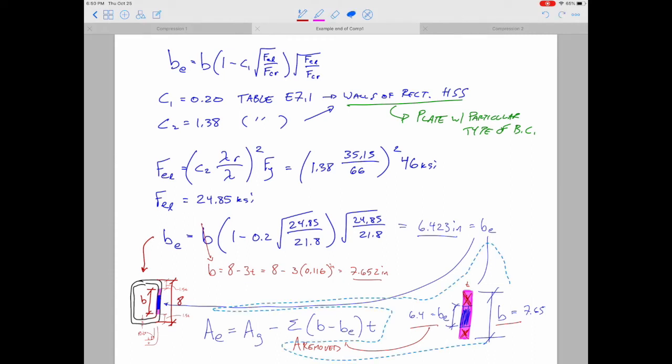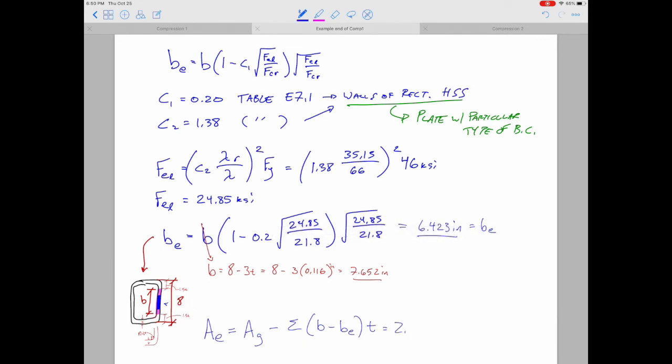I got all this. 2.70 minus 2 because I had here, right?